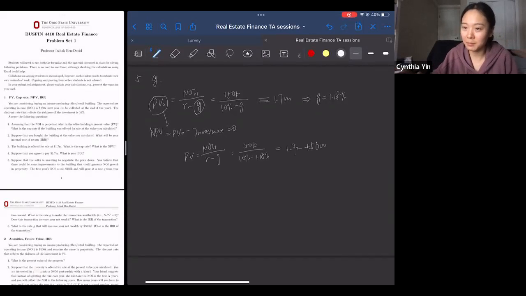So it's making money. This is wrong because you got this growth rate from this formula, and it's not a very precise number, it's not exactly 1.18%. So ex ante, you're assuming NPV is zero. It's not a positive NPV project.